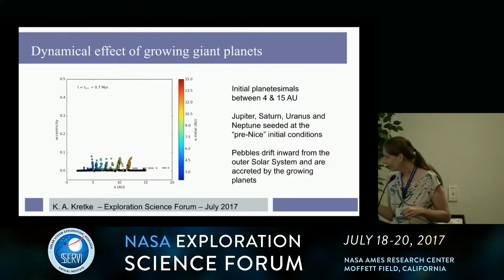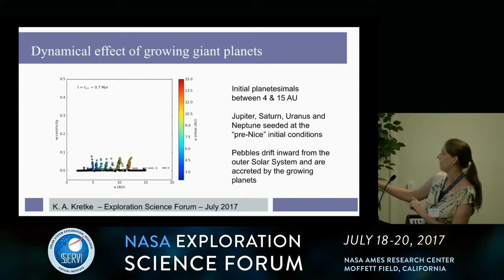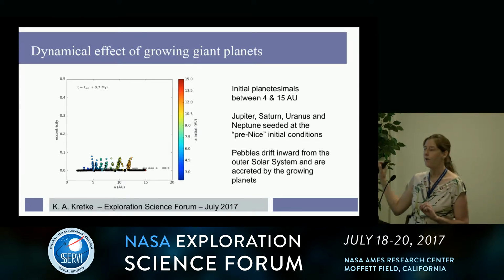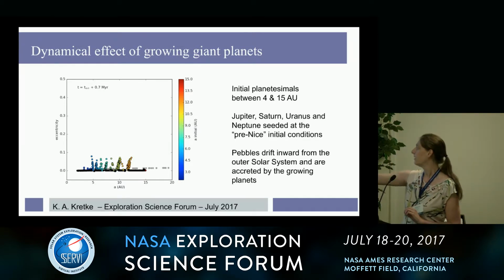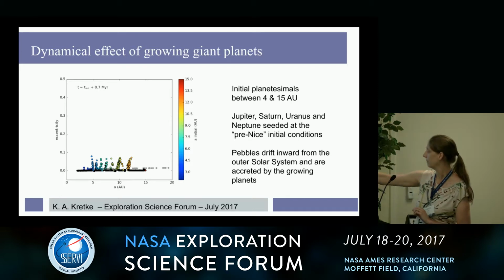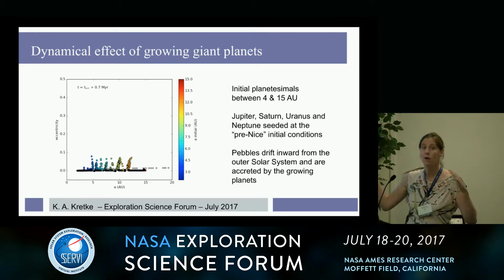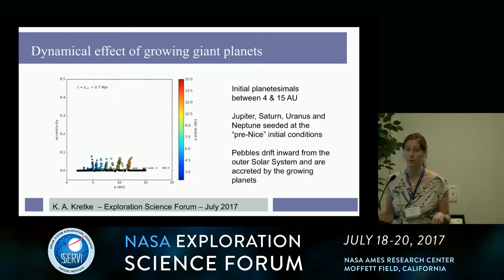So in this movie, in a moment, we're going to be seeing how pebbles are going to be drifting inwards. They will be accreted onto our giant planet embryos, and we've placed a population to represent the surrounding planetesimals, so the surrounding asteroids, and we can see what happens as we start forming our giant planets.